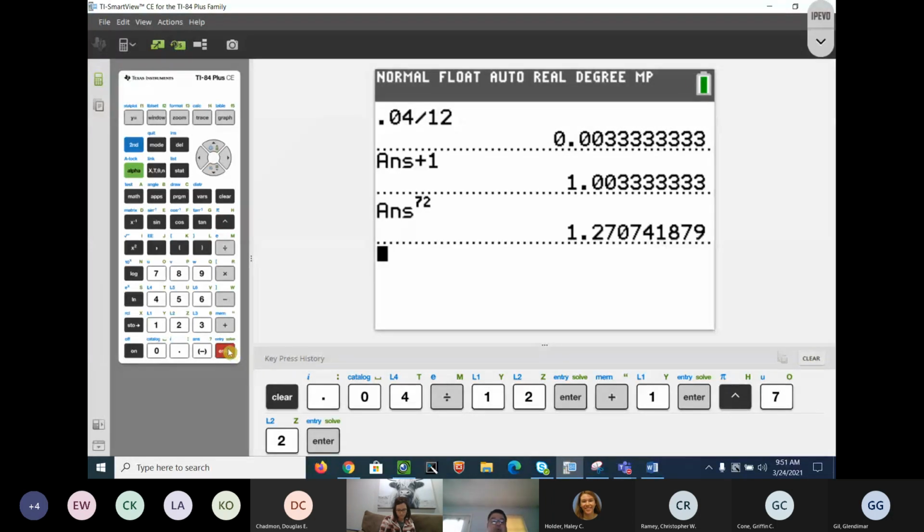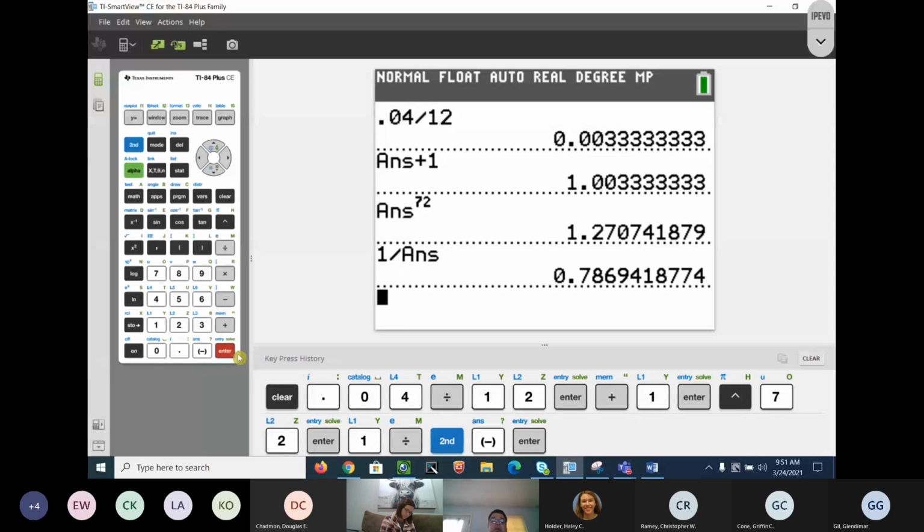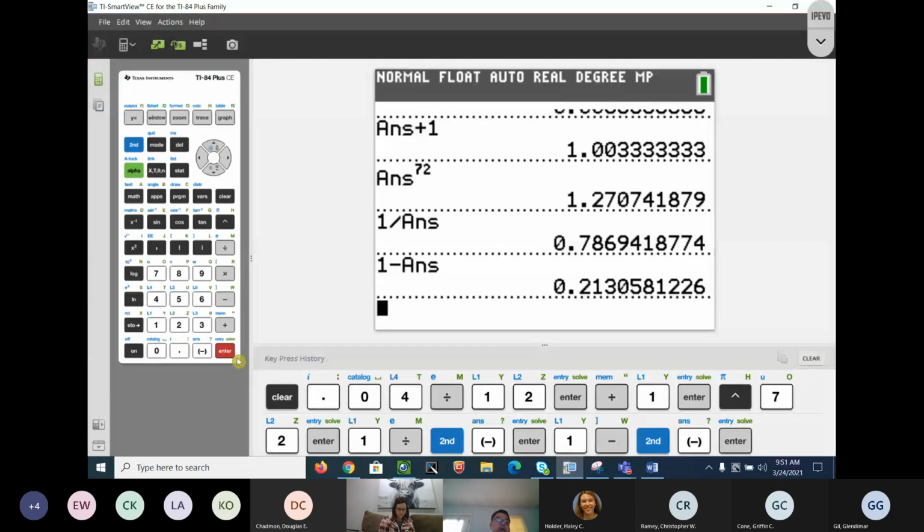And we're going to divide 1 by that. So 1 divided by second answer. And then 1 minus second answer. And that's 0.21. So I'm going to store that in alpha D.